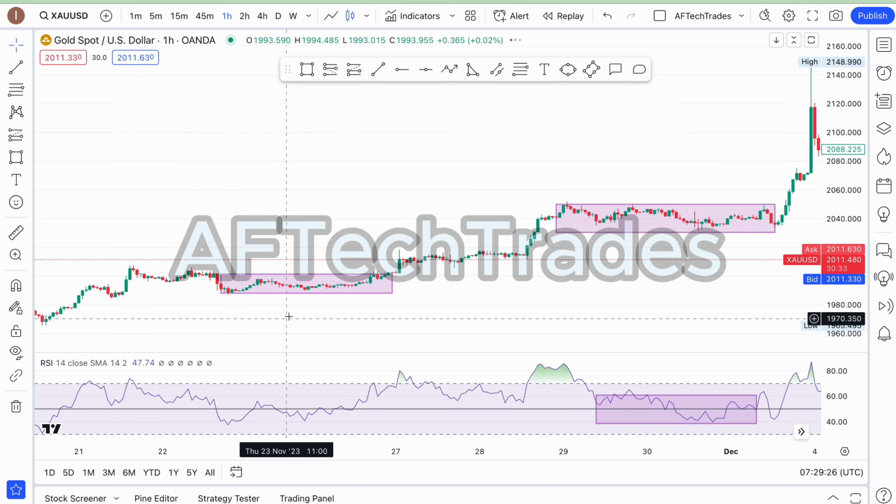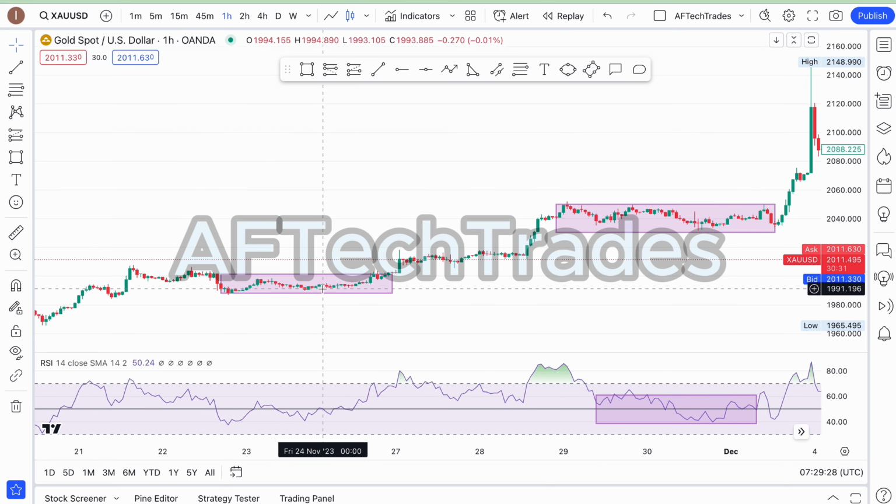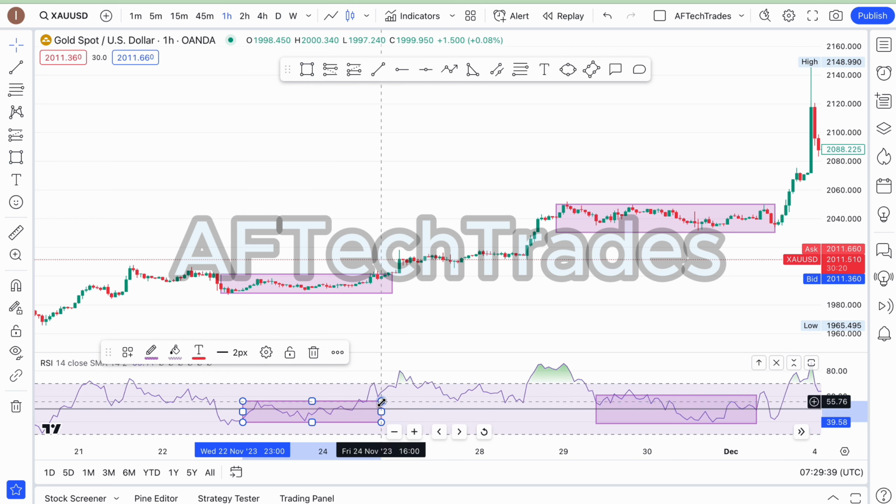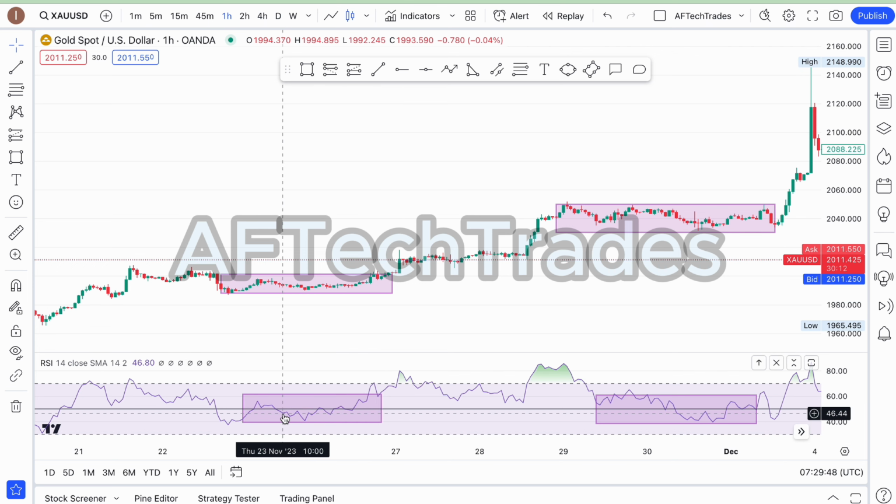You can see we marked here before, also previously in this video. Then if you check down here, you see that the market also ranges around that side. So as a beginner trader, if you don't know how to identify a ranging market, you can use either your MA, which is your exponential moving average, or your RSI, which is your relative strength index, to easily identify the ranging market.